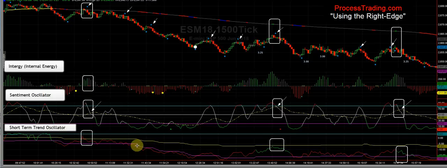On this particular oscillator, the short-term trend oscillator, when either of the bounds, the lower bound in this case, starts angling down, then you know that that is more of a trending type of situation. Just the opposite would be true if it was trending up. You'd see this upper bound slope to the upside.